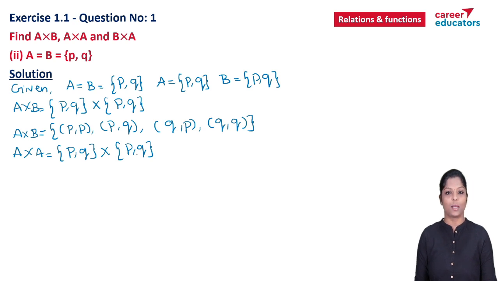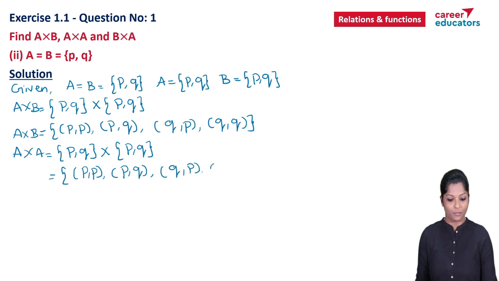In the next step, we take the first element of A and pair it with all the elements of A. We will get (P, P), (P, Q). Likewise, for the remaining element, we will get (Q, P), (Q, Q). That's all, we got A cross A.